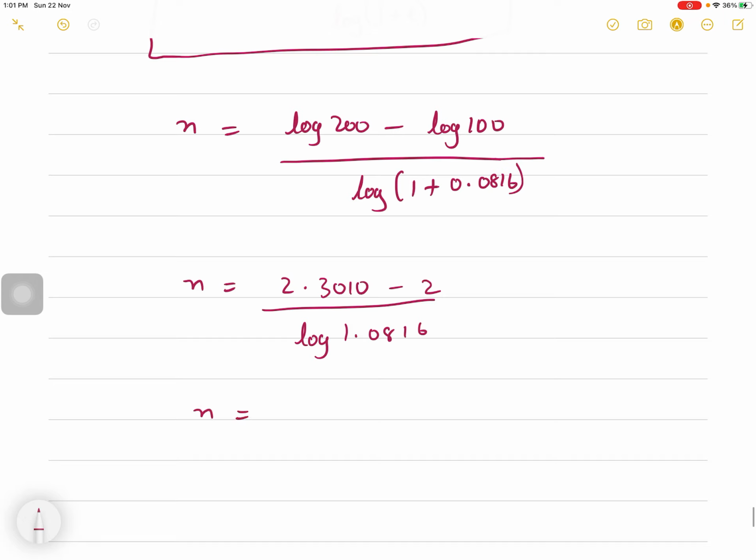So N is equal to 0.3010 divided by log 1.0816. So 10th row, 8th column, and mean difference of 1. Okay, so let's find out.